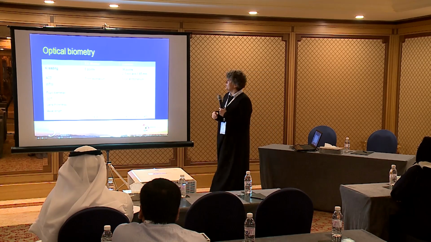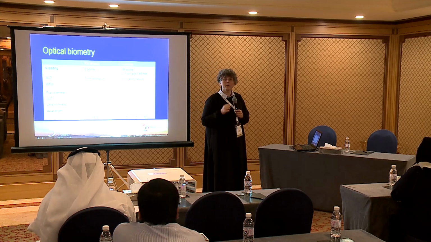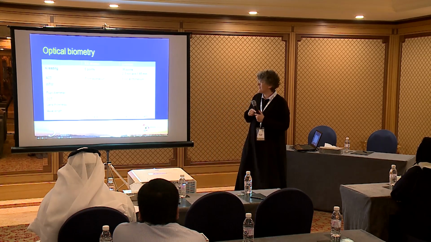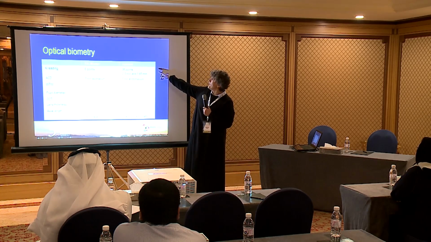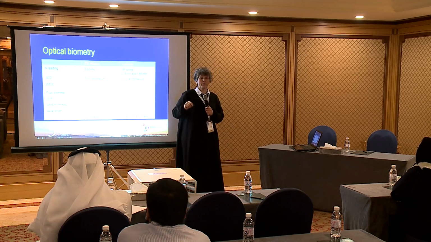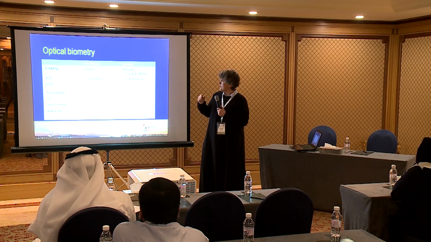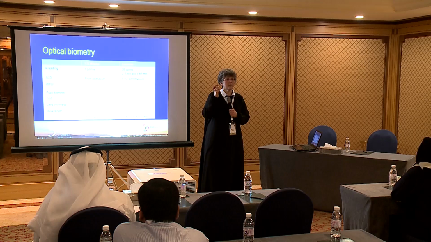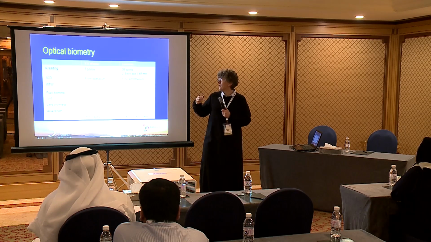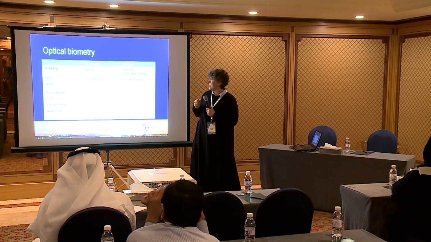The difference between the IOL Master and the Lenstar: what I did is I just took the instructions for use of both machines. Okay, so the K reading of the IOL Master is on 6 points. The Lenstar has many, many more points, so it's a little bit more accurate in giving you a good K reading. The ACD in the IOL Master is measured from the epithelium, so thickened corneas will give you a different calculation. The Lenstar measures this from the endothelium.